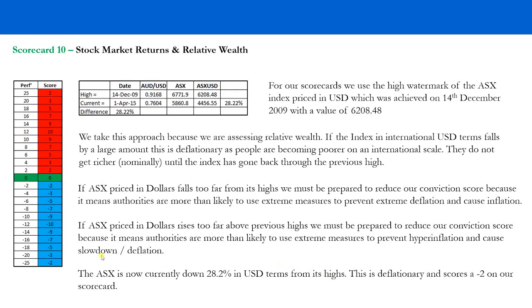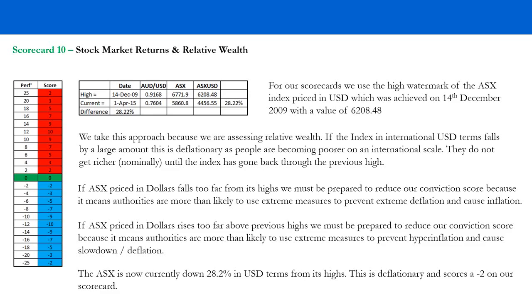because the high watermark after intervention could start to approach. So we need to be quite careful that we don't get caught in these circumstances shorting Aussie dollar, US dollar at levels where the stock market domestically has fallen by a large amount from the high watermark, because it just means at these levels there's a lot of potential for central authorities to step into the market, manage public assets, and manage the Aussie dollar, US dollar to a level that means international investors will start looking at Aussie dollar assets as on a relative basis as an asset that's underpriced on an international scale.